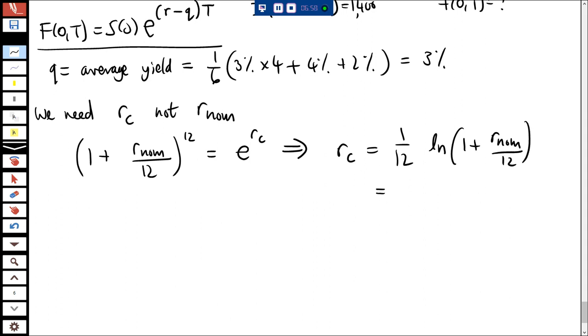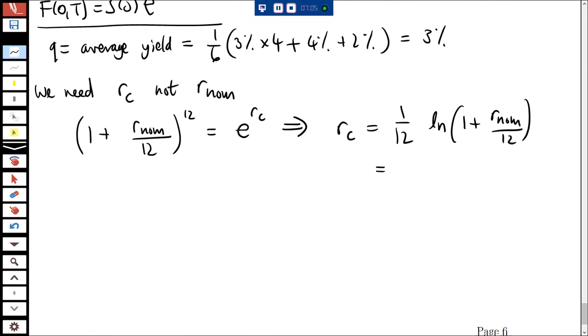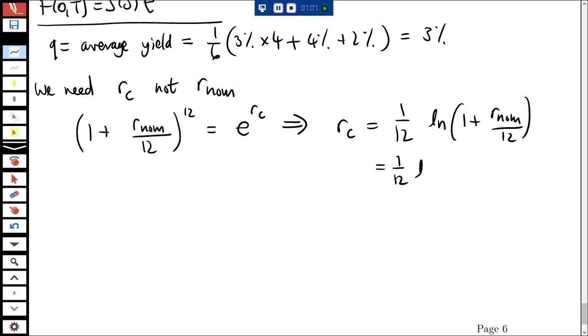And you drop those numbers in. The nominal rate is 6%: 1 plus 6% over 12. Take the log, divide by 12. I make that 5.98%.